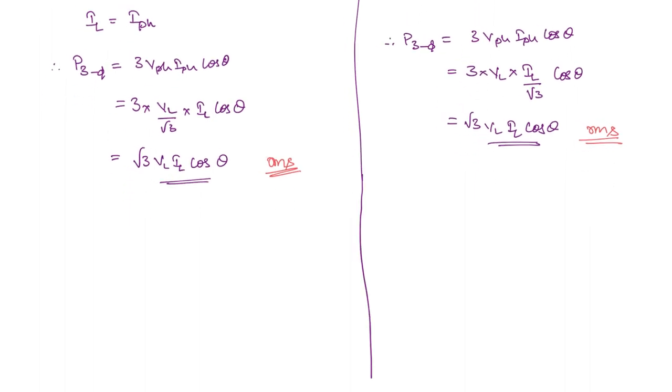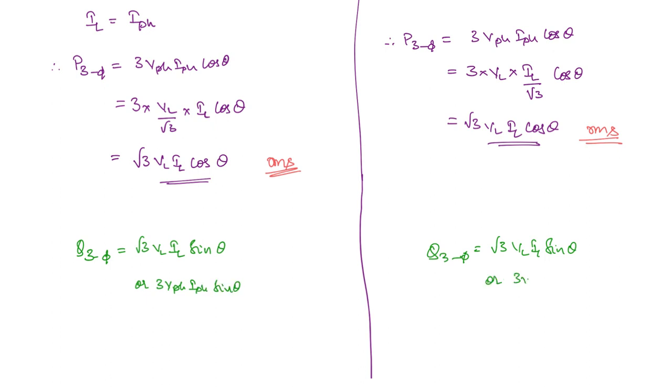In the same manner you can get the three phase reactive power equal to root 3 VL IL sin θ. Similarly here, Q three phase is equal to root 3 VL IL sin θ. In terms of phase values you will get 3 times V phase I phase sin θ. Similarly here.